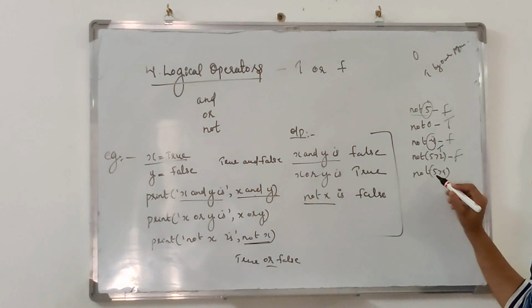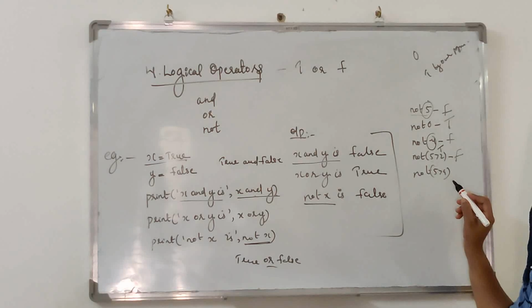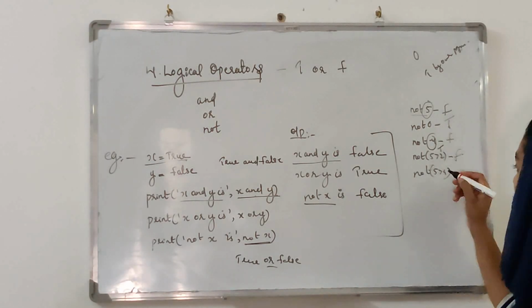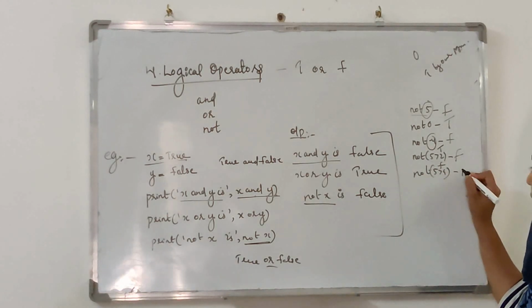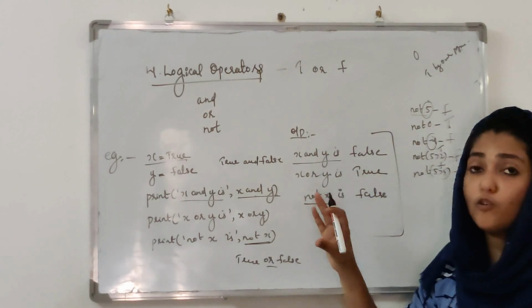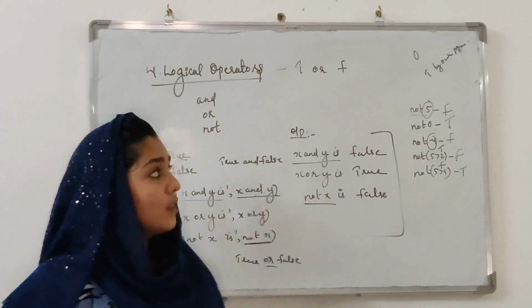And the last one is not 5 greater than 9. Is 5 greater than 9? We know that 5 is not greater than 9. It is less than 9. So this output will be false. Then not false means our final output will be true. In this way, we can perform our logical operation. Then what are the three logical operators supported by Python?